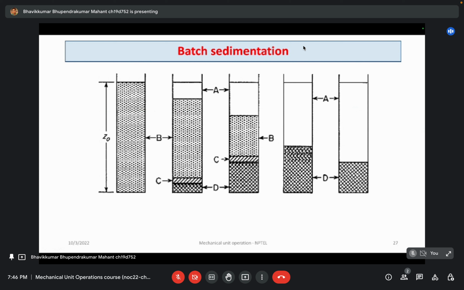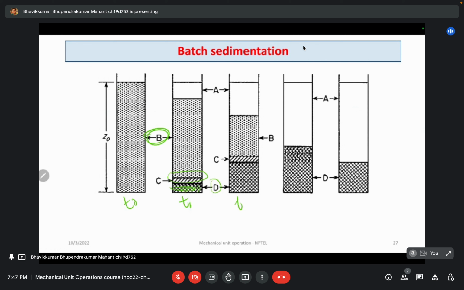First, consider this: a suspension or slurry mixture, denoted as B. After some time, let's say here is T0, here is T1, you will find some settling of the sludge particles has taken place, denoted as D. But in between them there is no clear-cut difference between B and D; you will see some mixing taking place in between, which is considered as C.